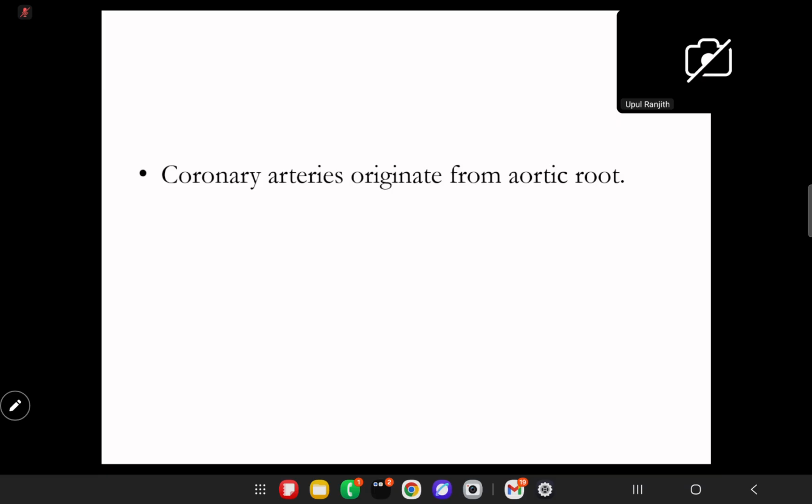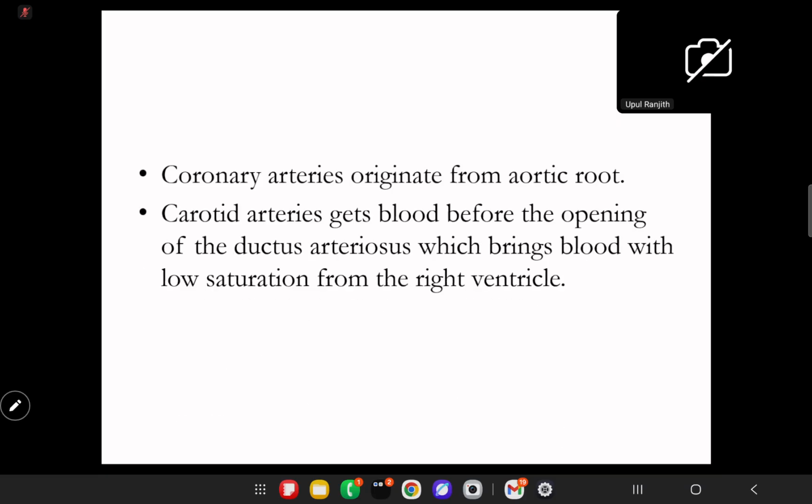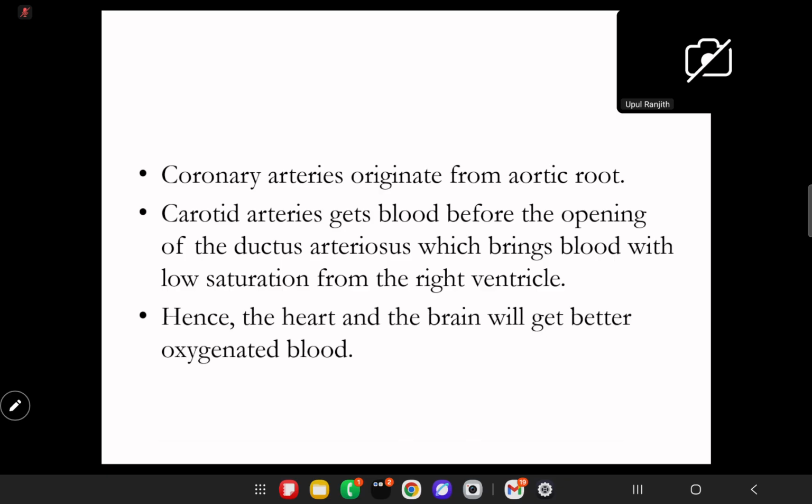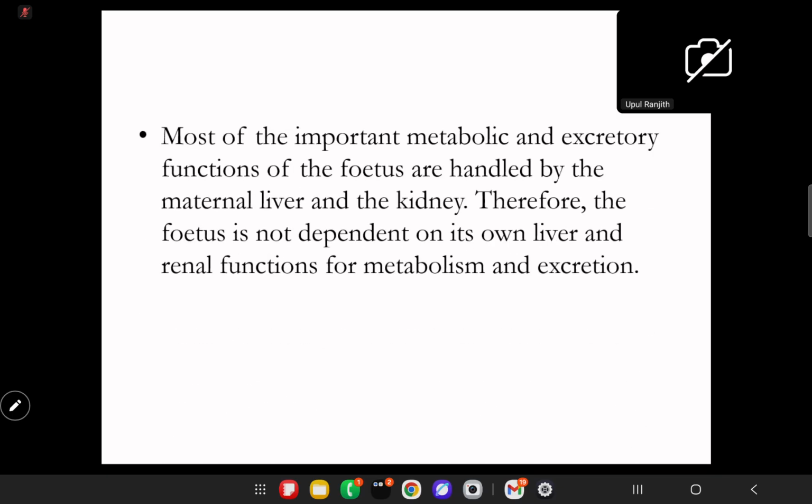The coronary arteries originate from the aortic root, because in the aortic root the better oxygenated blood is there. Then the carotid arteries also originate before the ductus arteriosus. So those two important organs, the heart and the brain, will get better oxygenated blood. And thereafter, other organs get the rest.